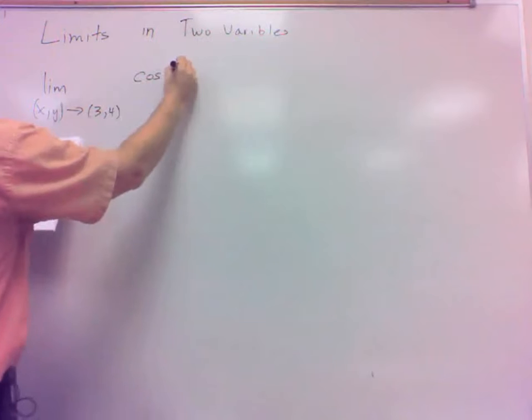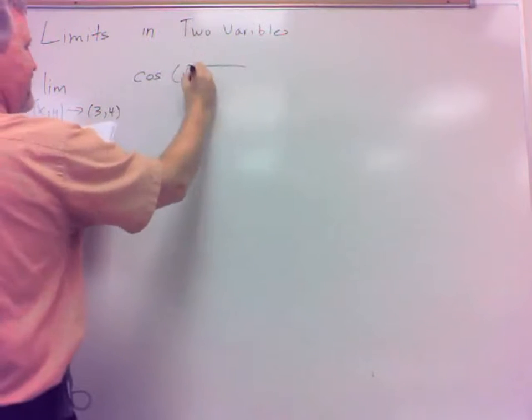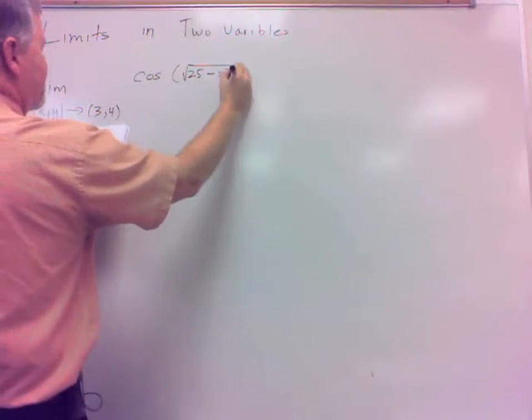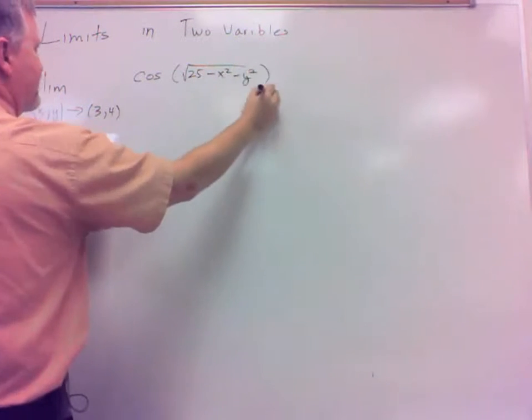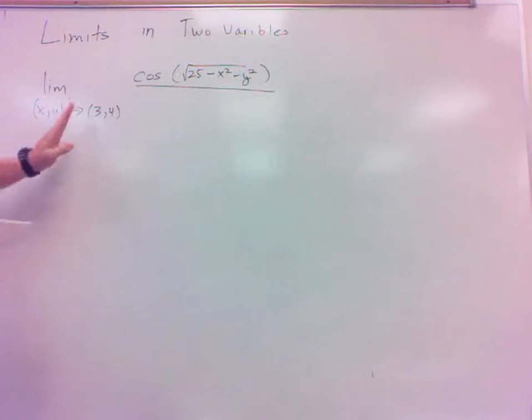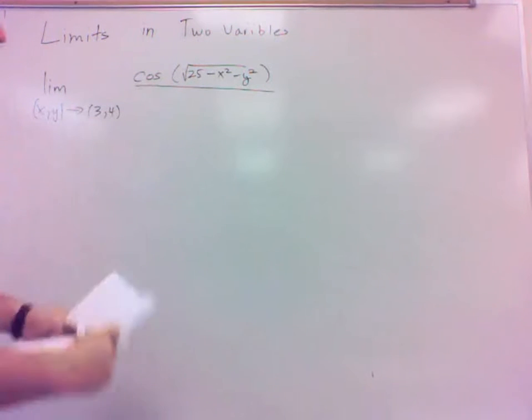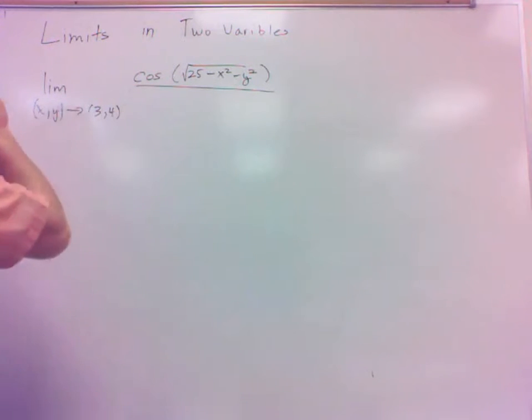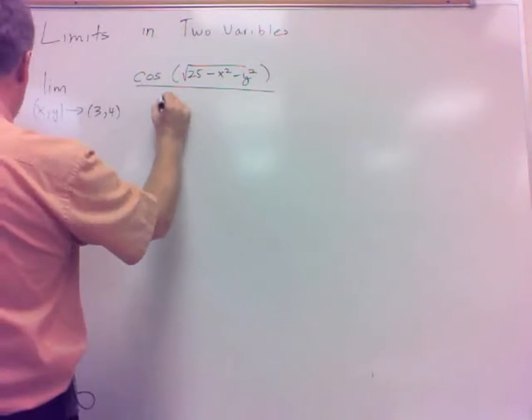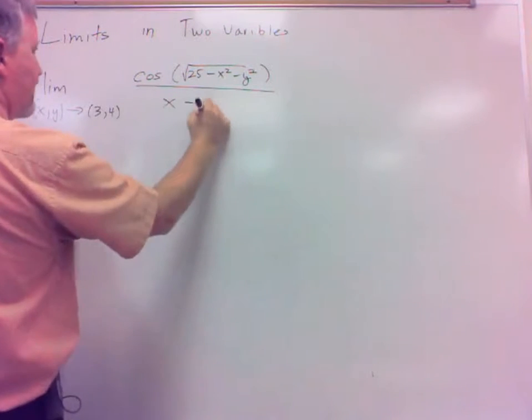But even if we have a scary one like this, I don't know why I picked this one exactly, but just to make a point. We've got the limit of x, y approaching 3, 4. A lot of them approach 0, 0, but in this case, let's approach 3, 4, of the cosine of the square root of 25 minus x squared minus y squared, divided by x minus y.